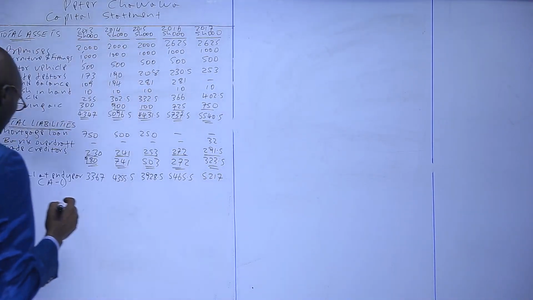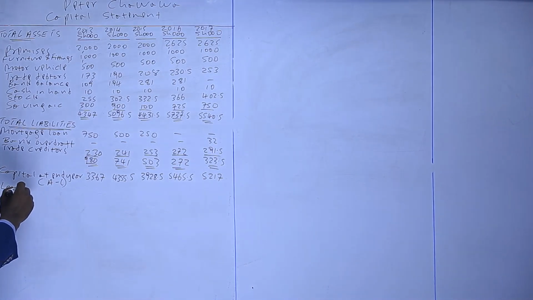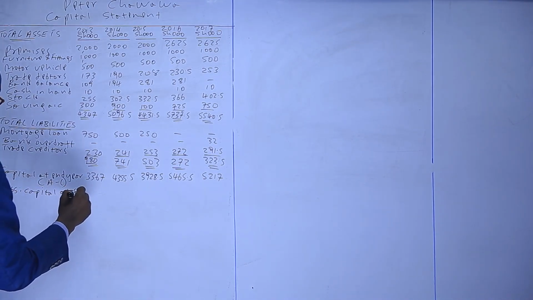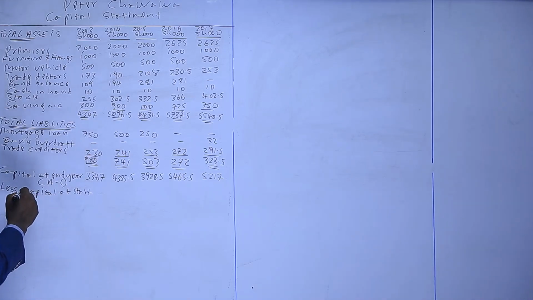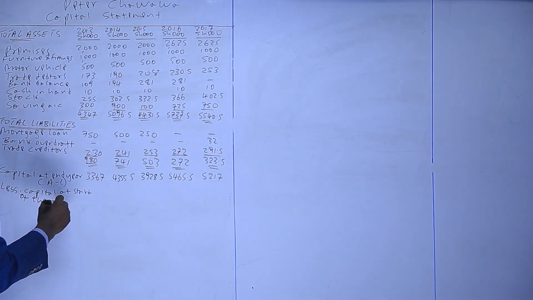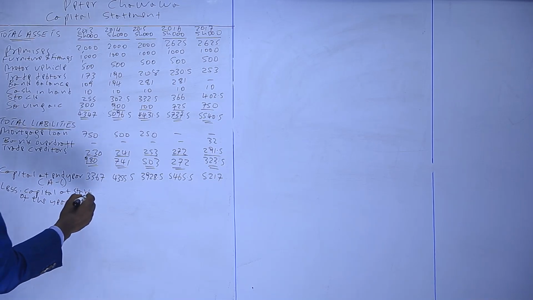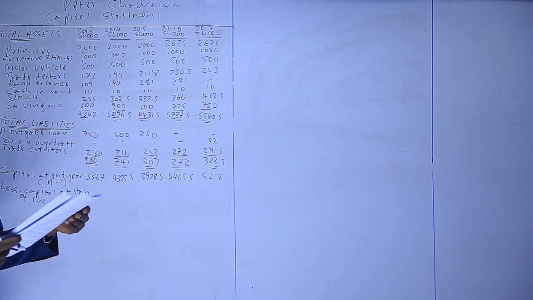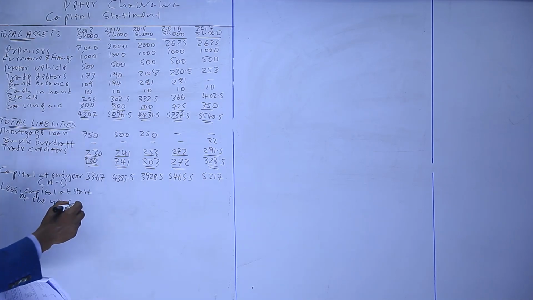Then now we less capital at the start of the year, which for the first year we have to bring the capital that was there, which was 2800.